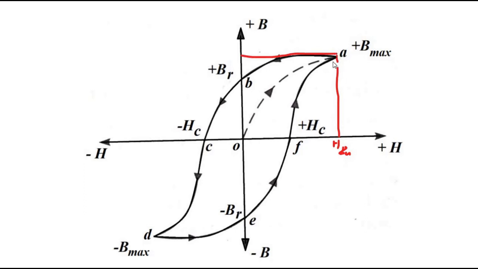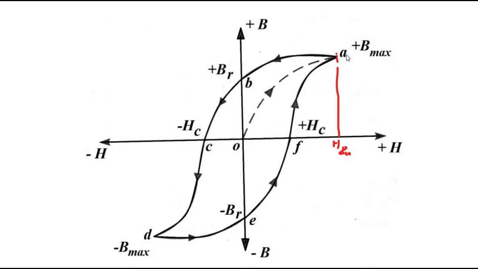Now, when the magnetic flux corresponding to the maximum is there at point A, and from this point the magnetic intensity or magnetic force H is reduced, the interesting thing here is that it does not take this path AO which it took originally, but it takes the path AB instead of AO.